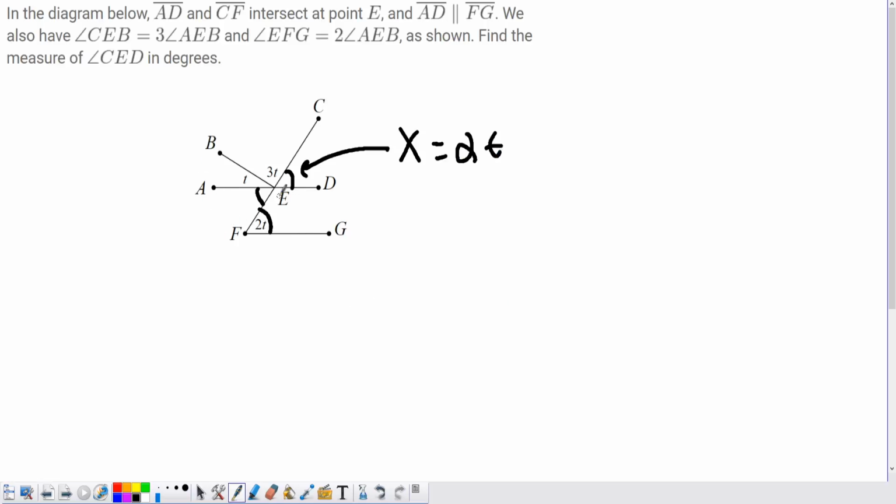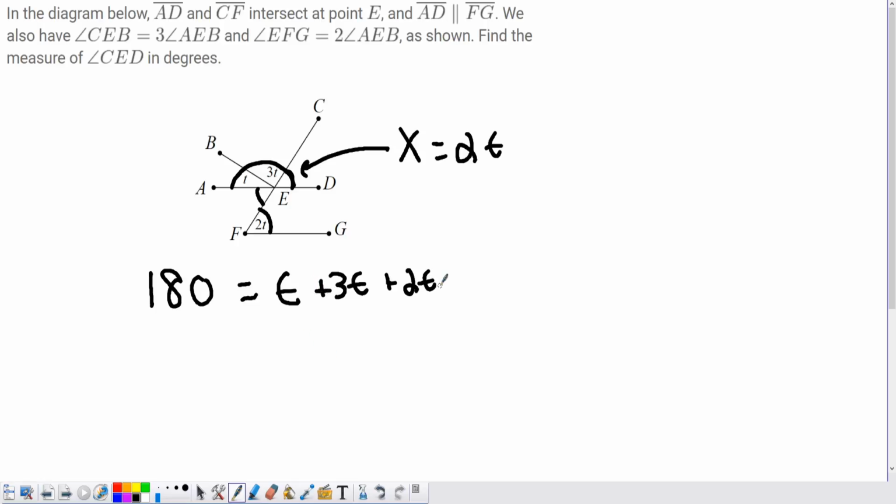Now, what can I do from there? Well, I notice I have a straight angle all the way from here. And I have it all expressed in terms of T. Straight angles add up to 180. So let me just add up all the angles. So I have T plus 3T plus 2T.